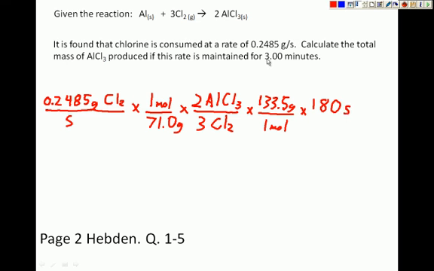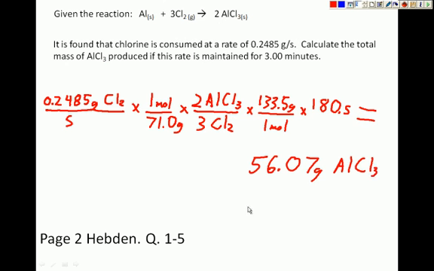As we see here, this 3.00 minutes is 3 significant figures, so I'm going to put a little dot right there to signify that this is 3 sig figs. And this is going to equal 56.07 grams of aluminum chloride.